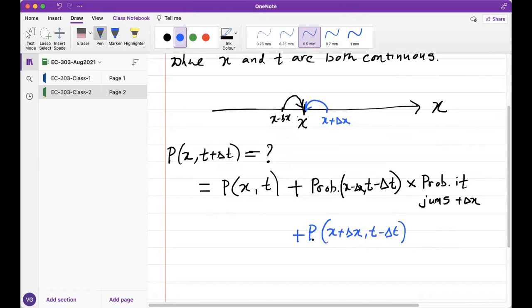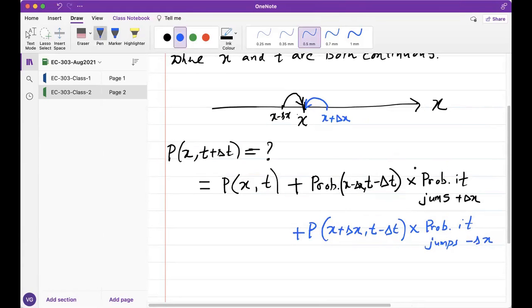I'm just measuring that there was some chance that the animal was here at the previous time step, and then there is some chance that it jumps, the probability that it jumps minus delta x. Is that right? Okay.